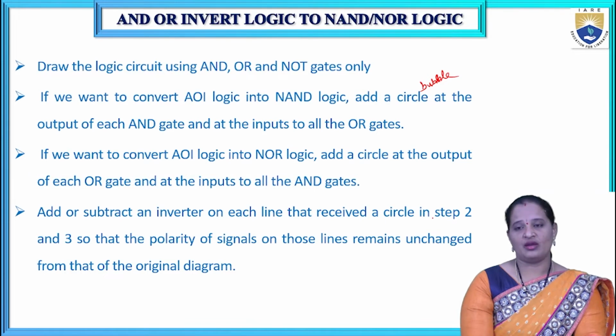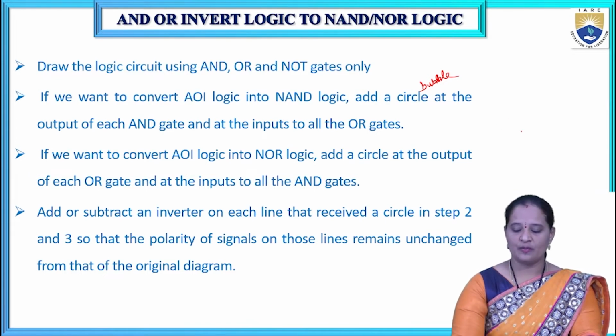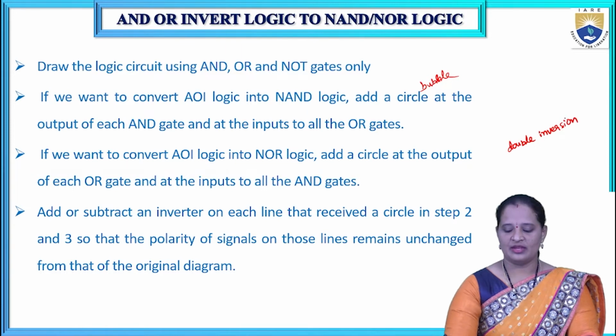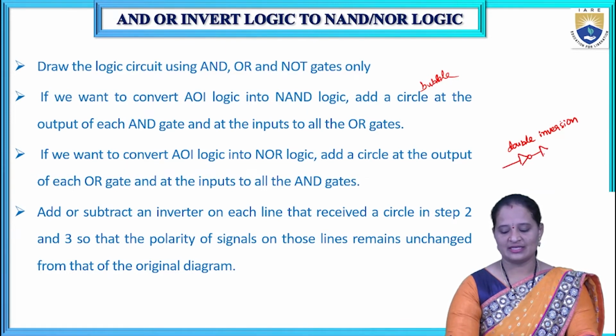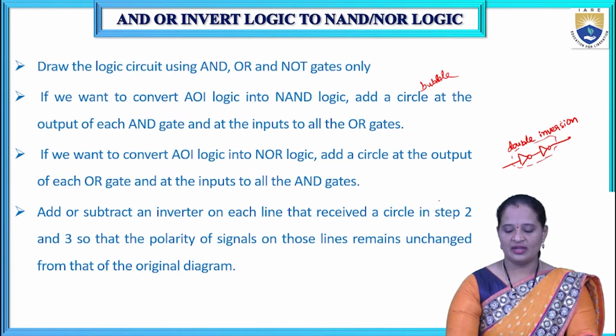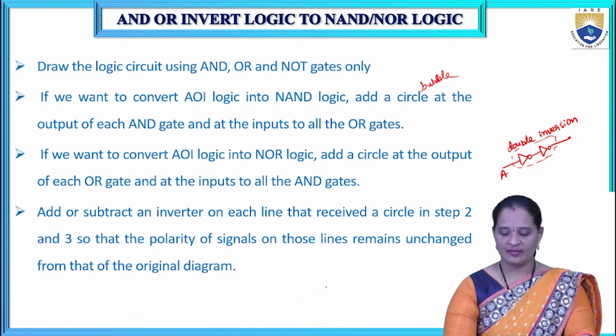We also need to eliminate double inversion. Double inversion means that if we have two inverters in a single line, we can eliminate them. Why can we eliminate this kind of double inversion?